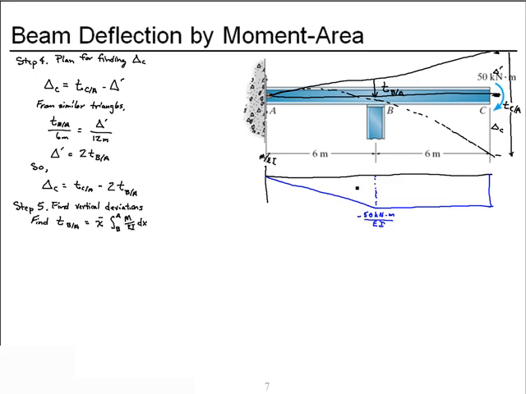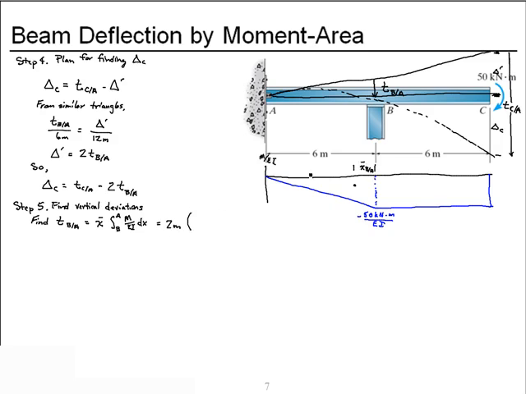And so the centroid is here. X bar of B relative to A will be this quantity, which is going to be 2 meters. So we have equals 2 meters.